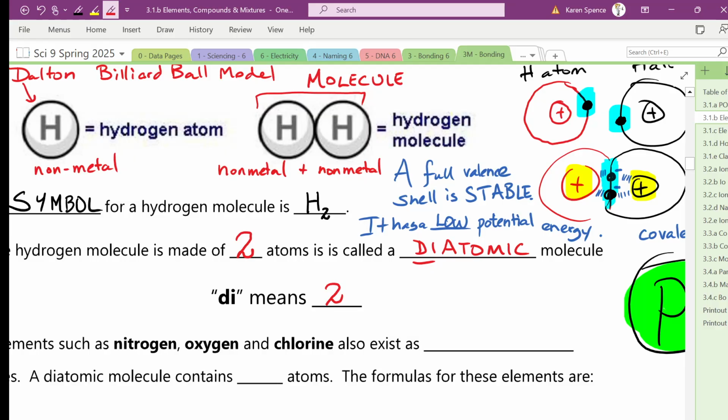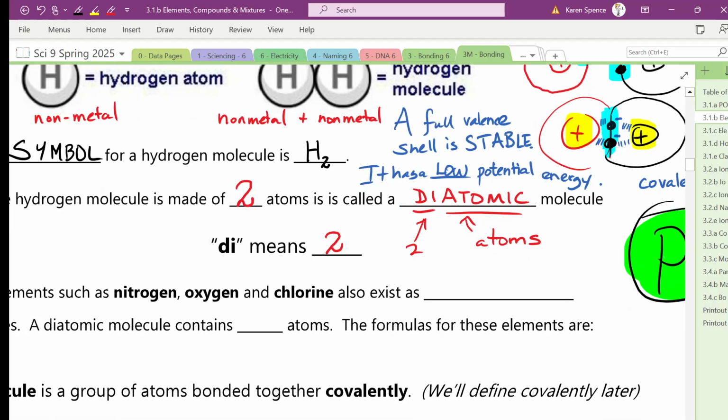So if you say diatomic, that means literally 2 atoms. If you had a 3-atom molecule, what do you think you would call it? Triatomic, okay?